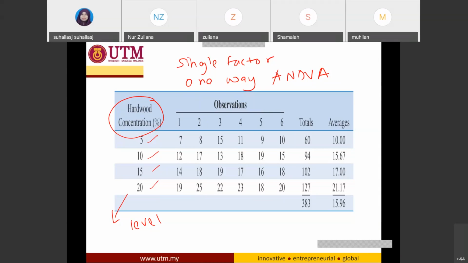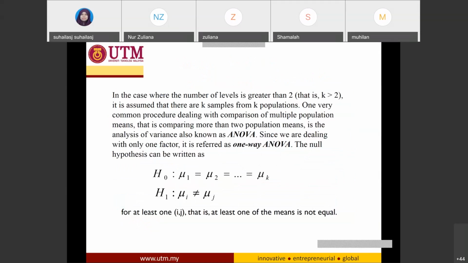Let's say the number of levels is greater than 2. We denote K for representing the number of levels, so K is greater than 2. It can be 3 or 4 and so on.